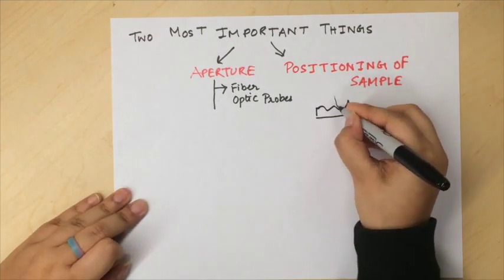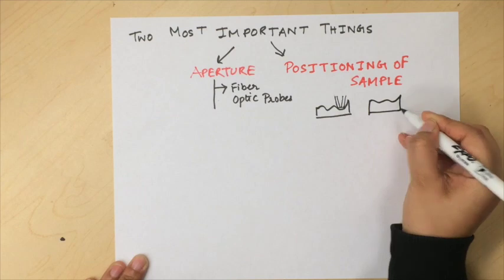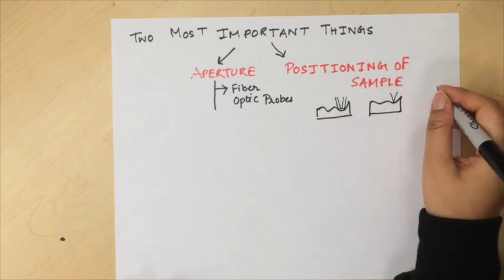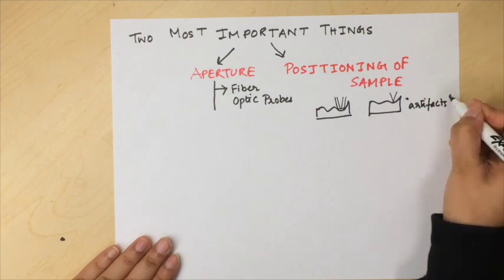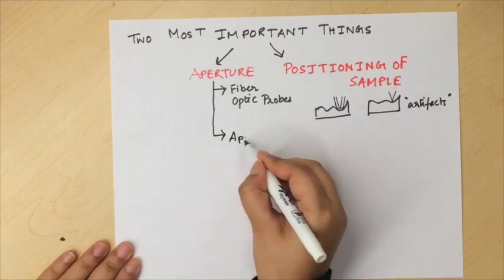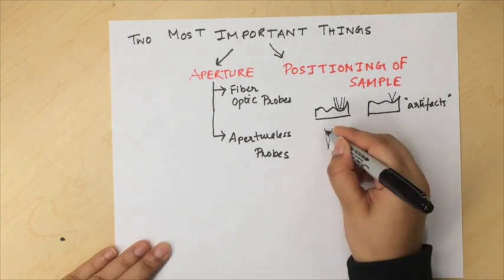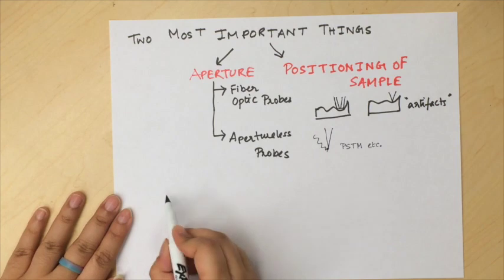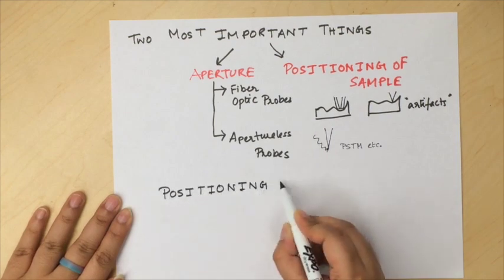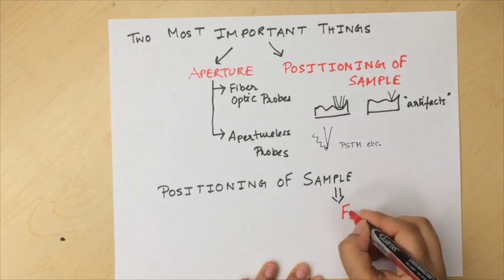But these probes are subjected to issues like artifacts, distortion of sample surfaces, etc. Apertureless probes are a solution to these issues, where the end of a sharpened metal tip is illuminated, creating an oscillating surface. The concept of photon tunneling microscopy through sharp tips is utilized here. The second crucial thing is precise positioning of sample, which is accomplished by a feedback mechanism.